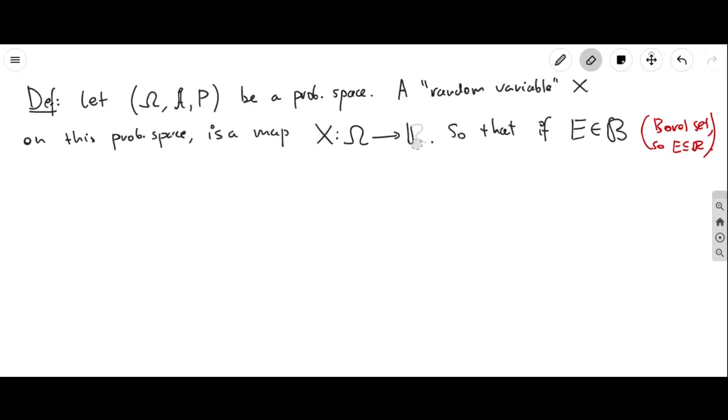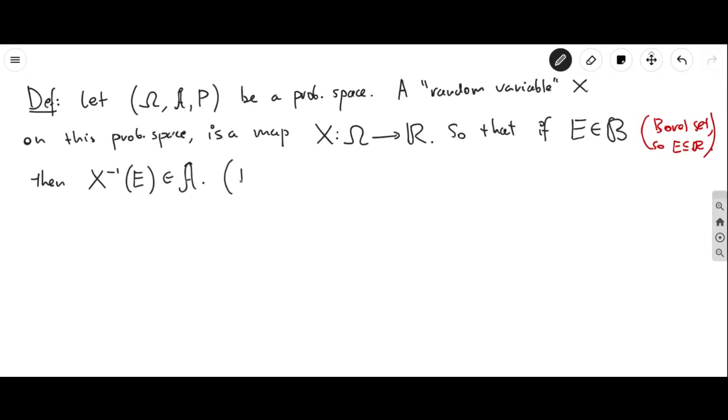Then if you pull it back, you're going to get a subset of the sample space, and you want it to be something that lands in the sigma algebra.